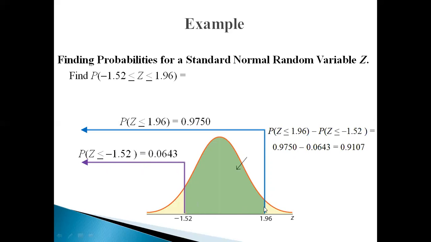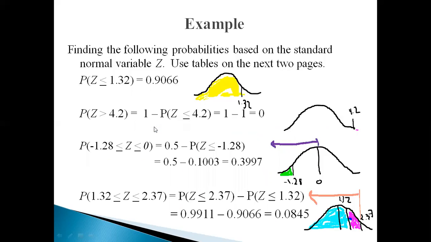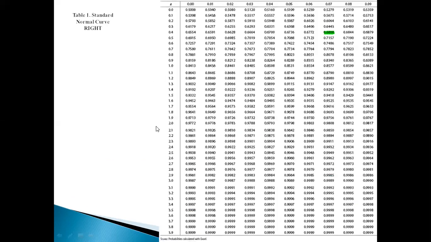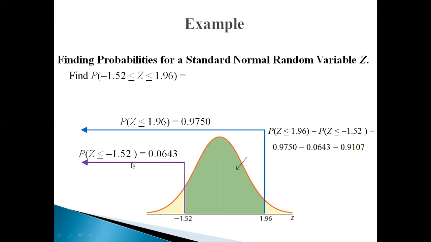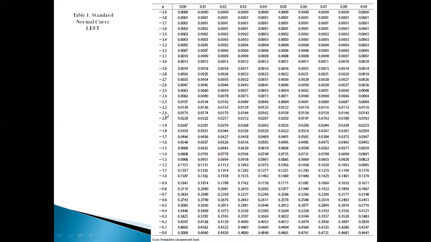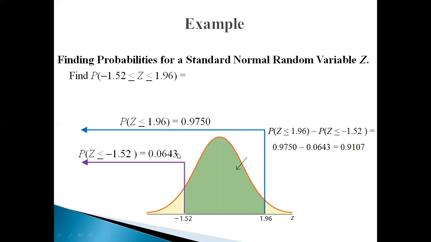We're going to take the larger minus the smaller, and we're going to be left with what's in the middle, which is the green. So we're going to look up 1.96 in our table. If we go back, 1.96 is 0.9750, and that's what we have here. And negative 1.52 is 0.0643.